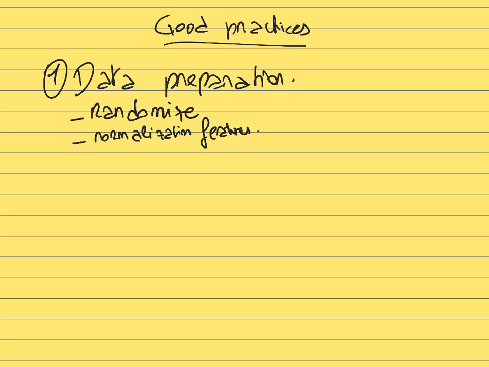The exact method that you use doesn't matter so much, but it's good to normalize the features to make sure that there's not going to be a feature that becomes more important than the other. Normalizing the features is also going to make the training of the model faster and more efficient, because you don't have a deformed feature space that is much more elongated in one direction as compared to the other.